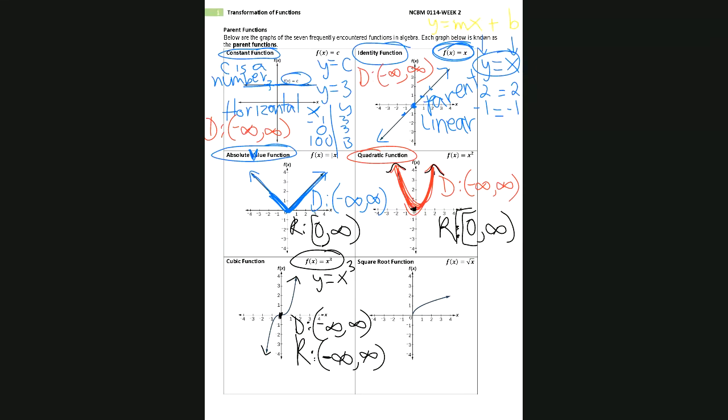The last parent function we have here, not that these are the only ones, we have plenty more. It's called a square root function, and it's also part of the family of radical functions. So in this case, this one is a little pickier because you cannot enter a negative number. If you were to enter that on your calculator, you will get an error message, or it will say something like no real solution.